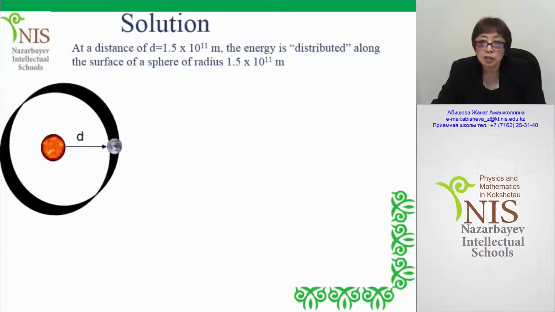Solution. At a distance d equal to 1.5 times 10 to the power 11 meters, the energy is distributed along the surface of a sphere of radius 1.5 times 10 to the power 11 meters.